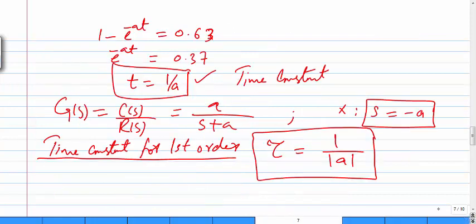When I do the calculations, I get the time constant equal to 1 over a. That means the time constant is actually equal to the inverse of the pole location. So if a pole is at minus a, you just take the magnitude. This is known as the time constant, normally represented by tau.